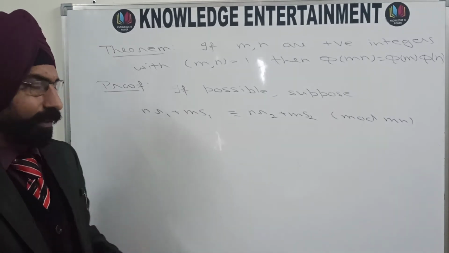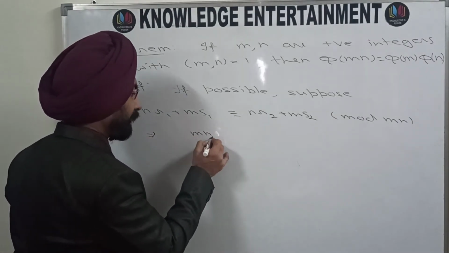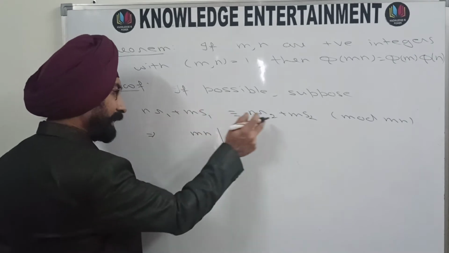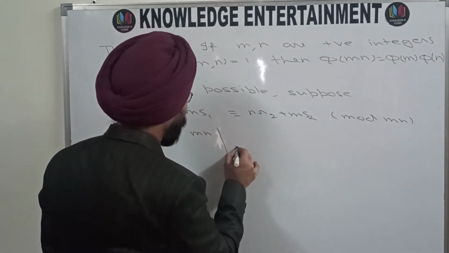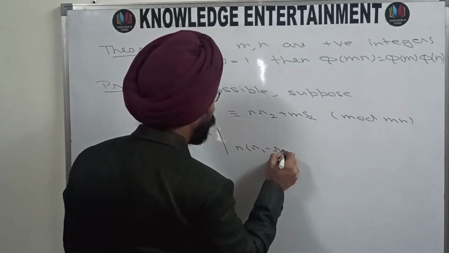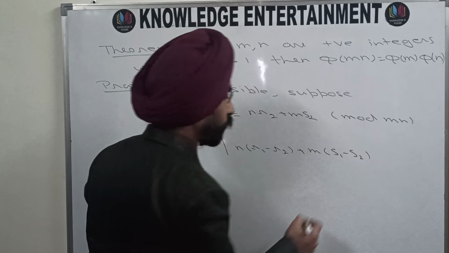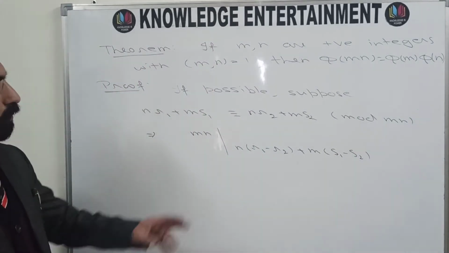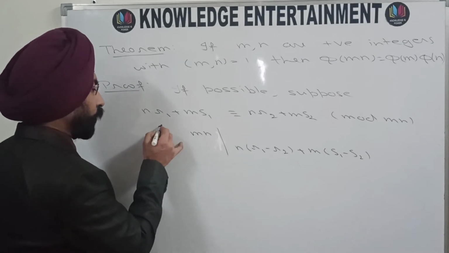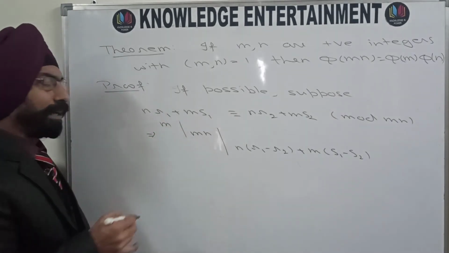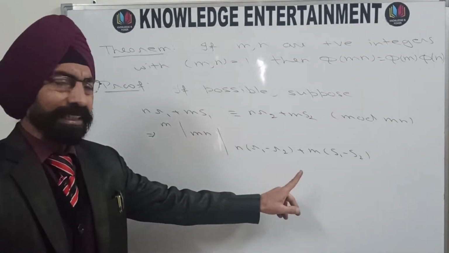So from here you can say that mn divides this difference, and this difference is n times (r1 minus r2) plus m times (s1 minus s2). From congruence to divisibility. Now further, m divides mn, and mn divides this quantity.